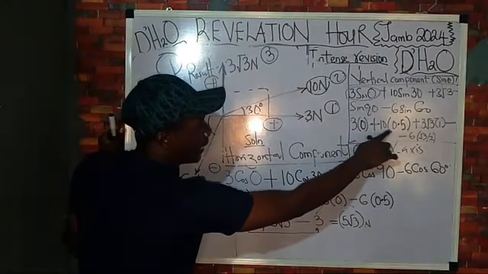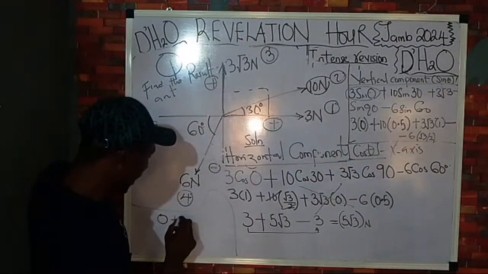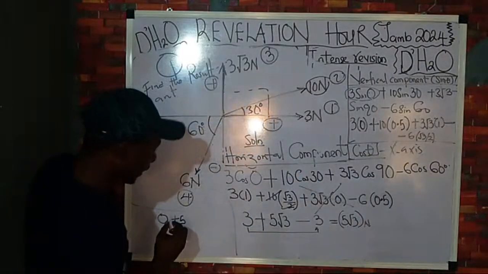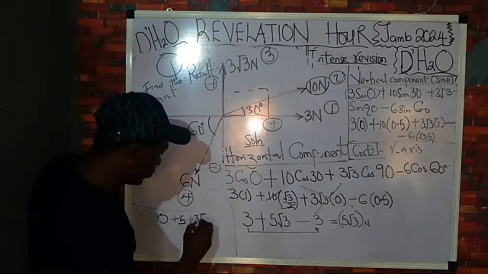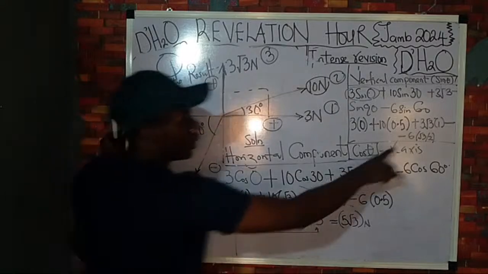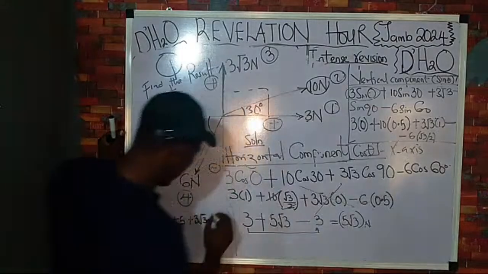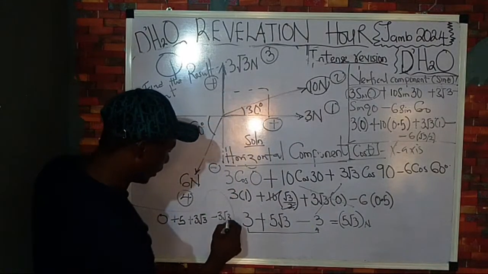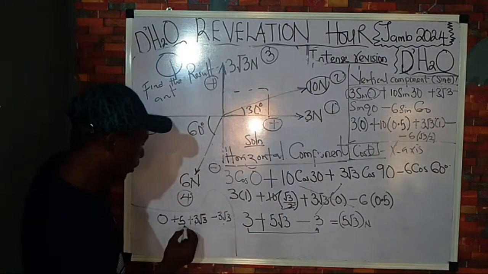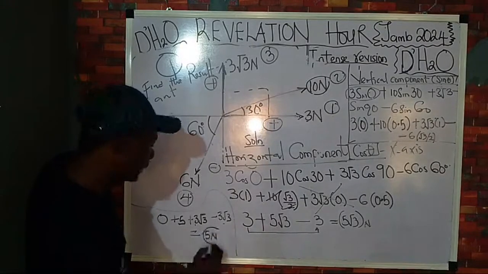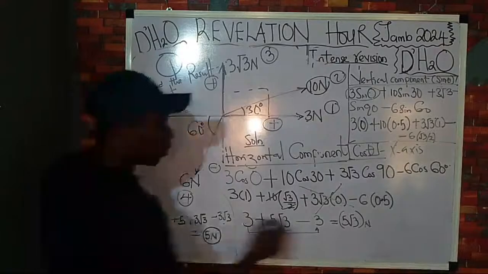For this one, 10 times 0.5 is 5. Then 3 root 3 times 1 is 3 root 3. The 6 over 2 gives us 3, times root 3, which is minus 3 root 3. So minus 3 root 3 plus 3 root 3 gives us 0. So what are we left with? 5 Newton. So this is what we get for the vertical.